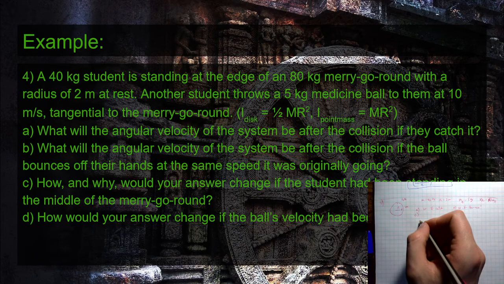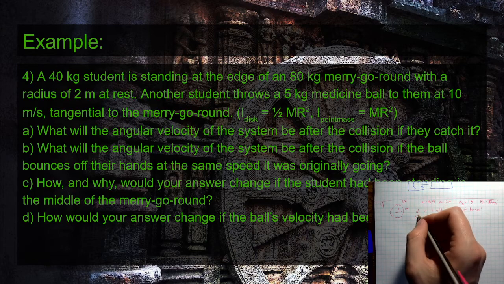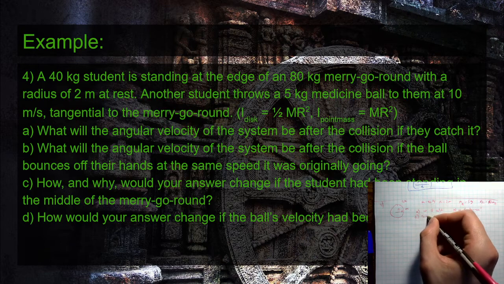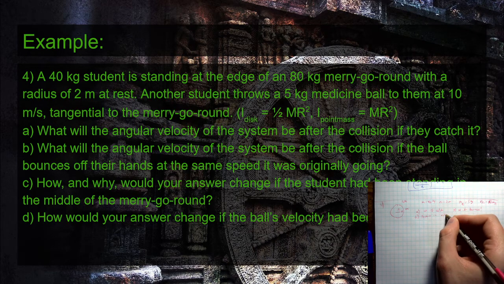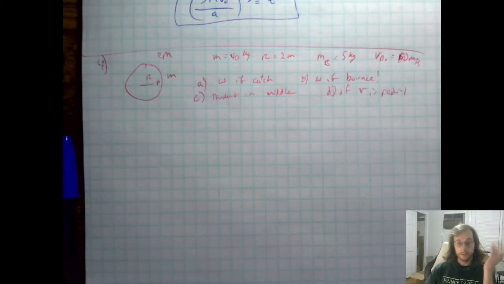For C, we are trying to find how that will change if the student is standing in the middle of the merry-go-round. And D, if the velocity is radial. Let's do it.